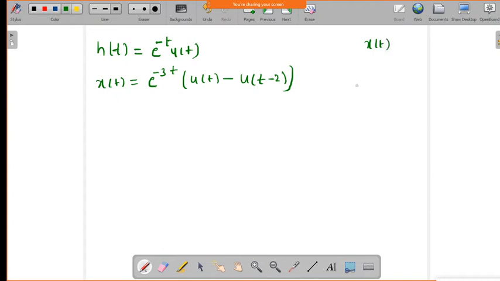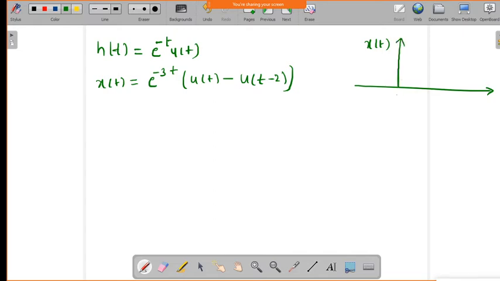So what is x of t? x of t exists only between 0 to 2, because the unit step function is subtracted here. So you will get it only between 0 to 2, multiplied by e power minus 3t. If you take t equal to 0, you will get 1.